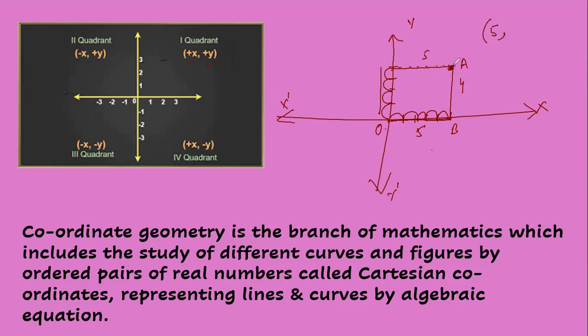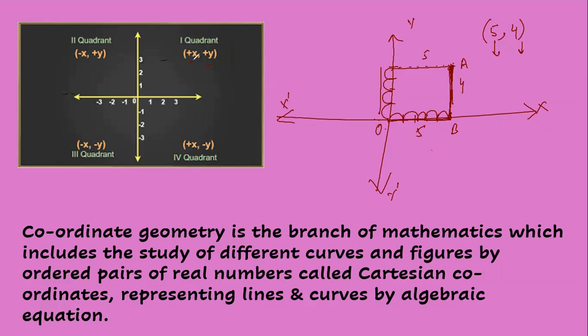But the distance of the point from the x-axis is 4. Please remember, 5 is the distance of point A from the y-axis, and 4 is the distance of the point from the x-axis.